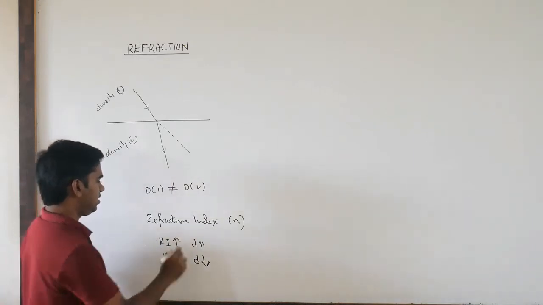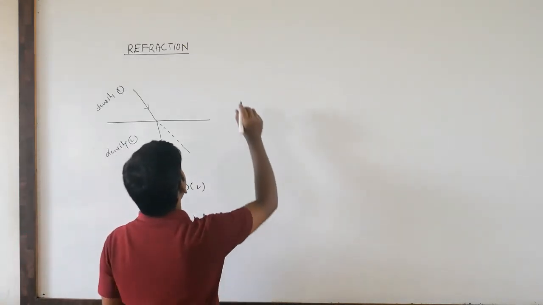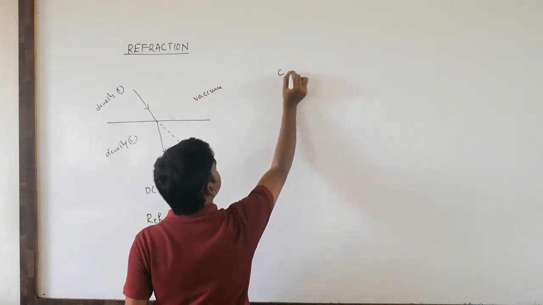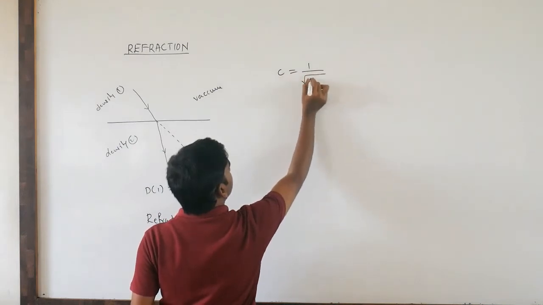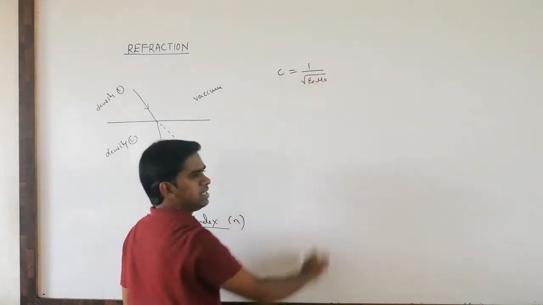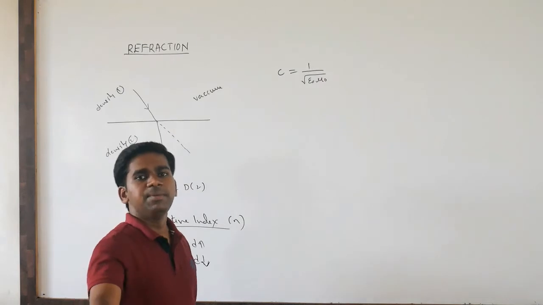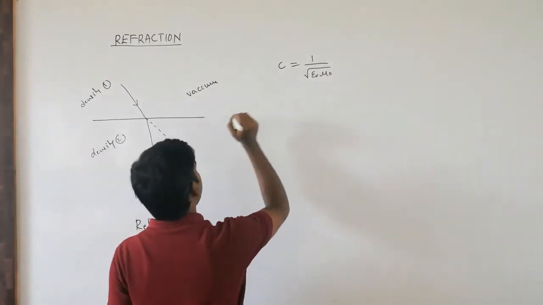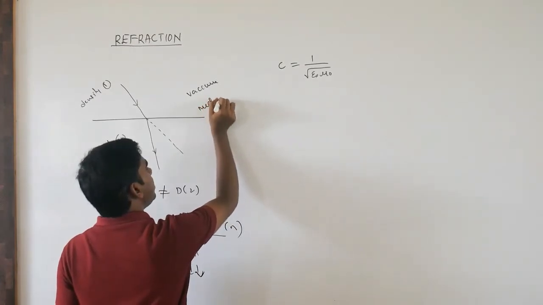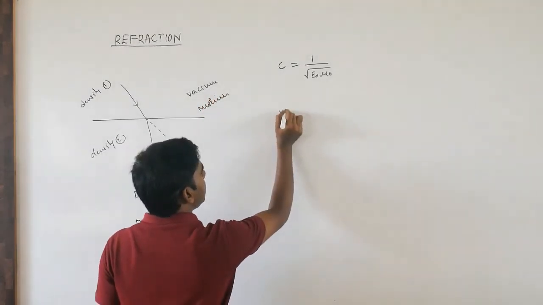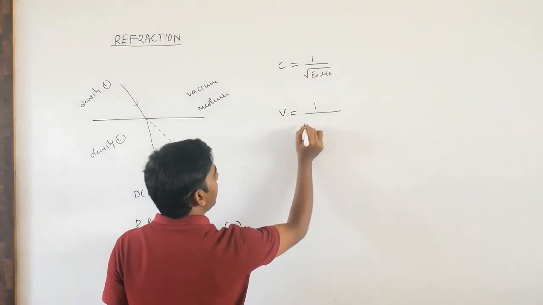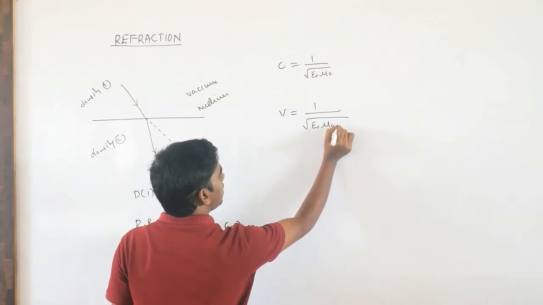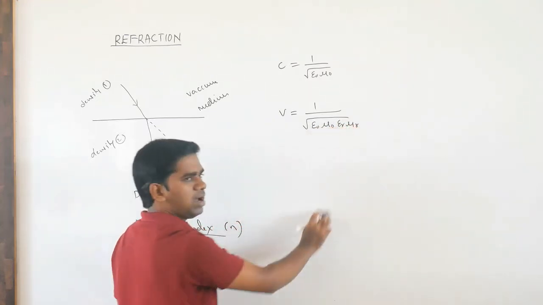Then what exactly is this tool, the refractive index? When light travels in vacuum, the velocity is given by 1 divided by root of epsilon naught mu naught. C equals 1 divided by root of the permittivity and permeability of free space. Instead of a vacuum, if it is in a medium, we take the velocity as 1 divided by root of epsilon naught mu naught epsilon r mu r.